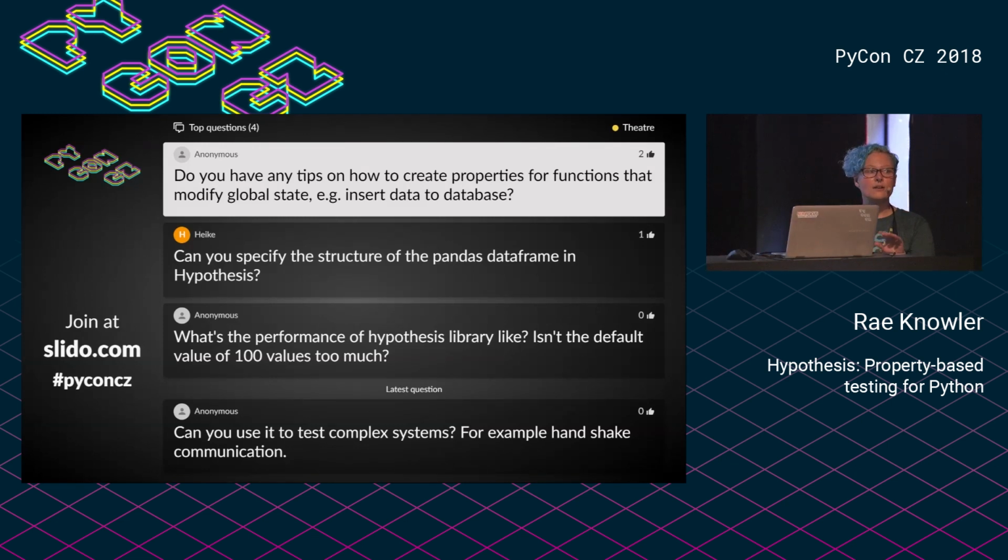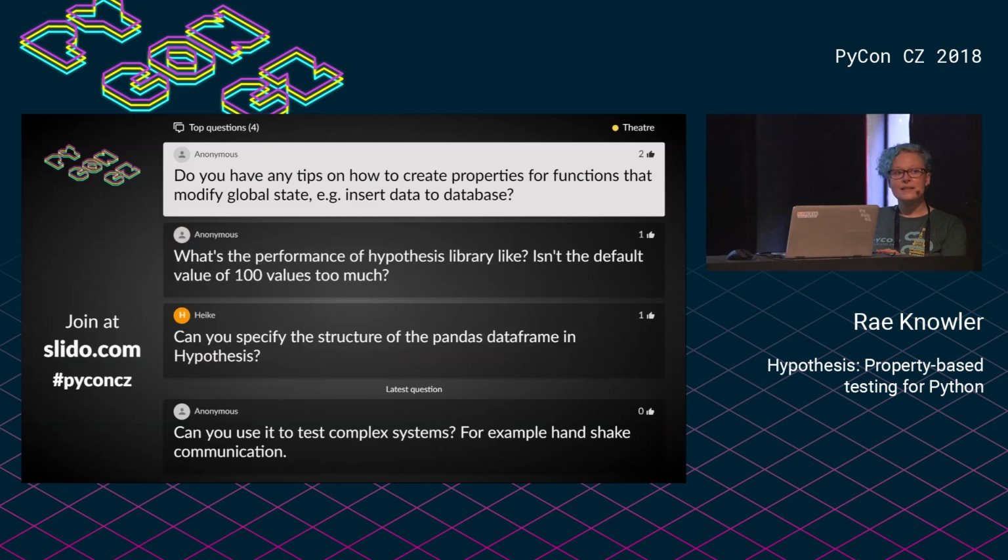Yeah, I guess one thing I would say is if this is what you want to test, have a go at looking into the rule-based stateful testing that I talked about at the end.